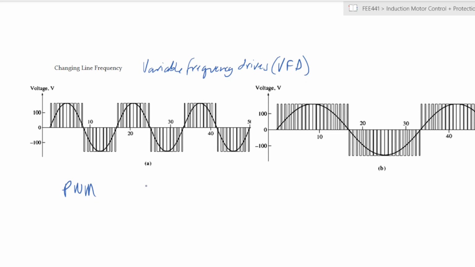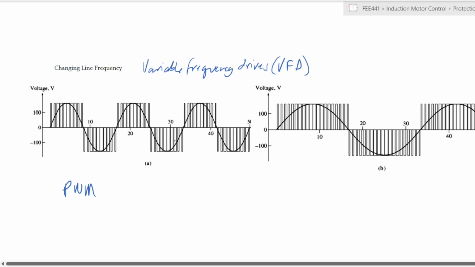Through that method you then have the variable frequency, and by changing the length of the pulses that you apply, you can change the wavelength of the frequency that you're applying, which you can see here. If you have longer length pulses, you have a longer wavelength. With shorter pulses, you have a shorter wavelength, or a higher frequency.